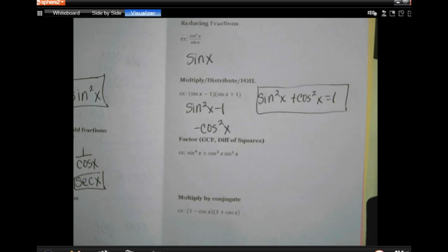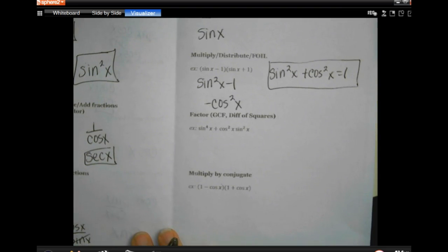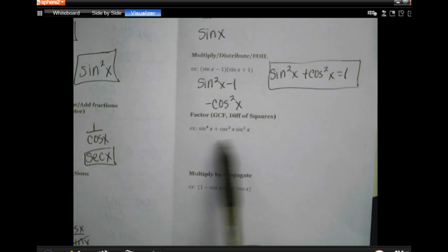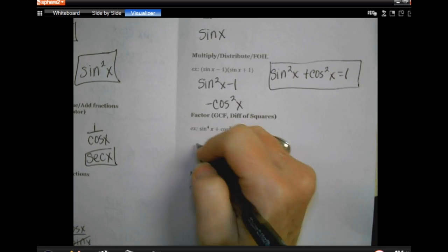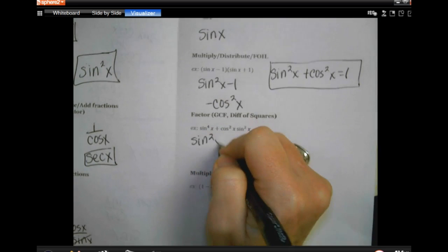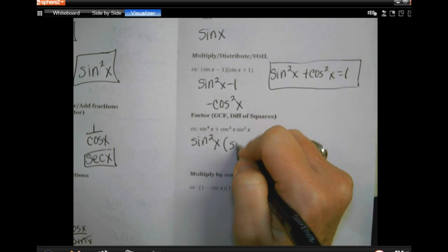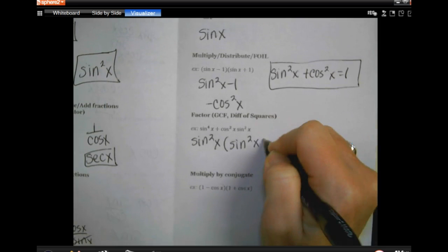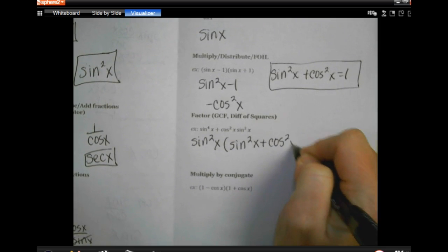Okay, so the next one. I think these are the ones you all say are hard, all right? But if you look at this, what's in both of these terms? Sine. And what's the smallest exponent in both terms? 2. So that's a greatest common factor. So I'm going to have sine squared of x times sine squared of x plus cosine squared of x.